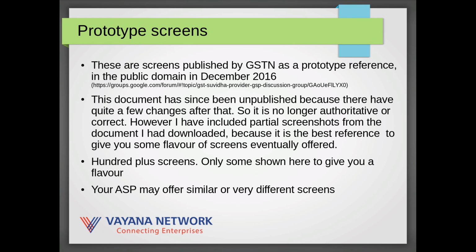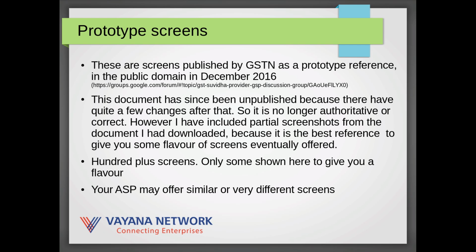I would have used something else if they offered a good alternative, but given that there was no other document which shows a series of screens, I did include partial screenshots here. But be aware this is old data, this has changed, and the eventual screen that would present itself on the GST system is likely to be quite different than what you see here.